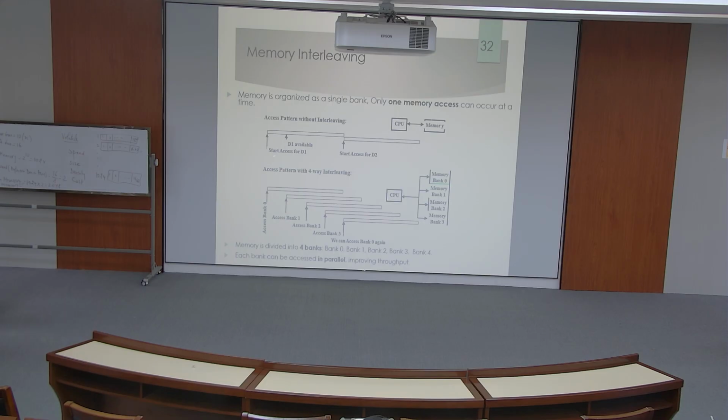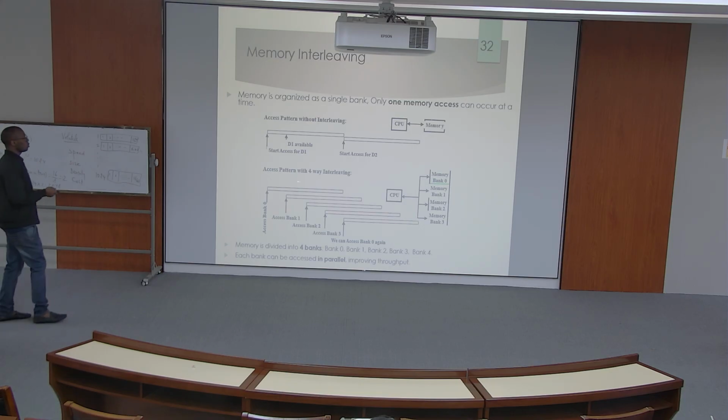So we first need to get access to D1, then wait until we finish accessing D1 so that we can get access to D2. It is organized as a single bank, which is very difficult for the CPU to fetch data. This involves a long waiting time for the CPU to access D2, because it has first to access D1, then wait to access D2.